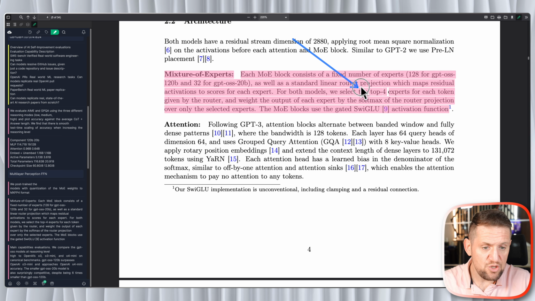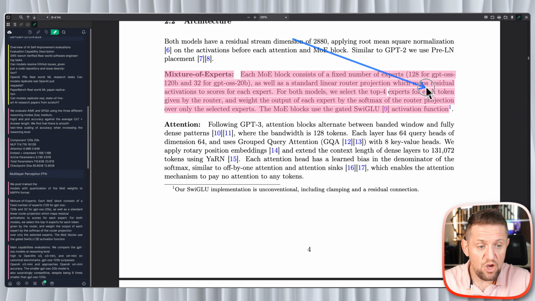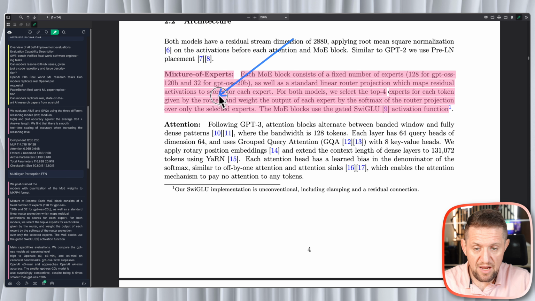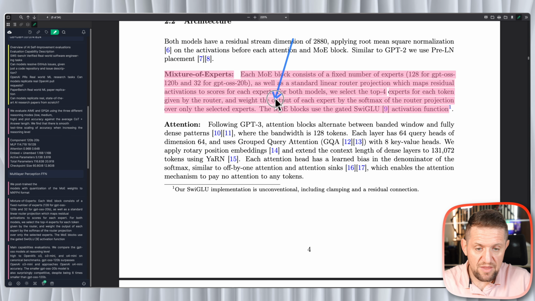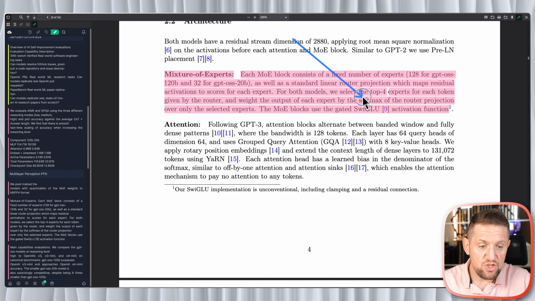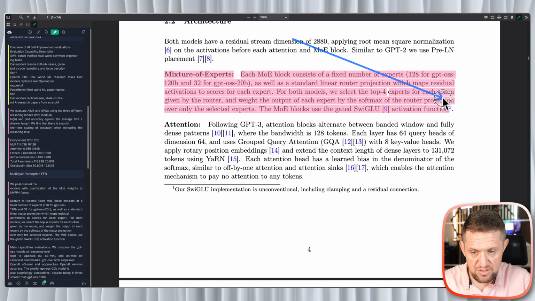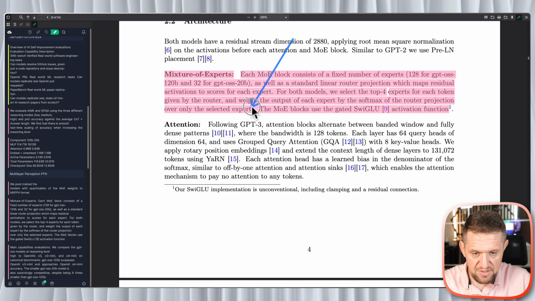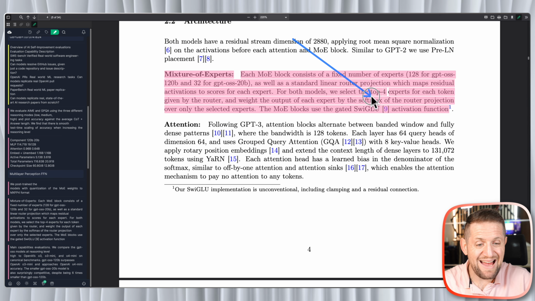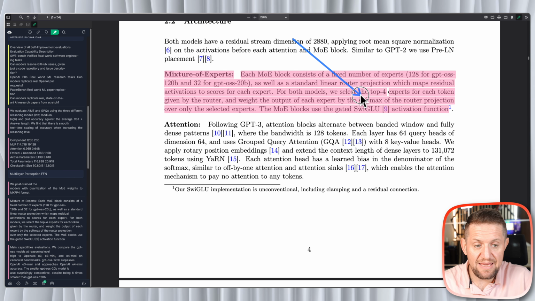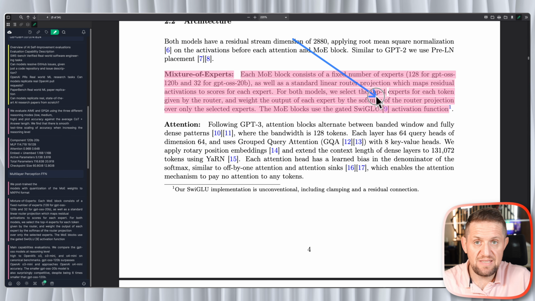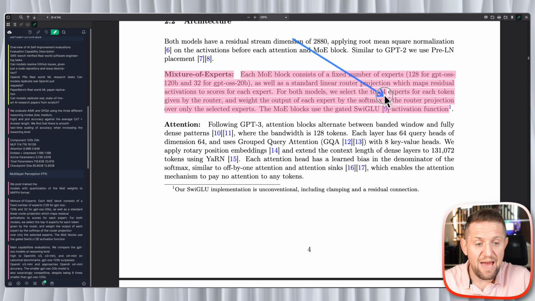For both models, we select the top 4 experts for each token given by the router and weight the output of each expert by the softmax of the router projection over only the selected experts. So basically they use the softmax as the gate for these experts, activating which 4 experts are to be active per token.